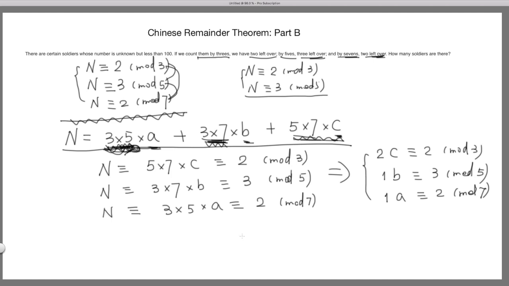So one solution here is going to be c equals 1, b equals 3, a equals 2.